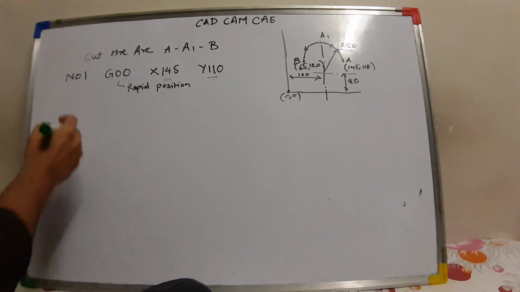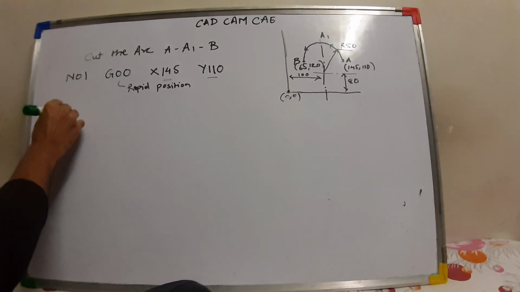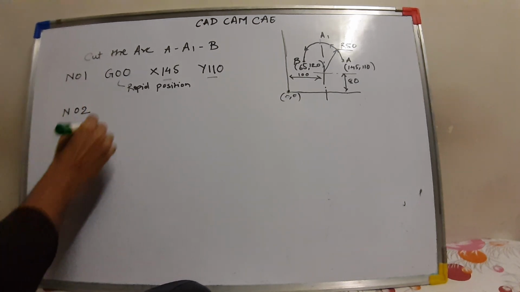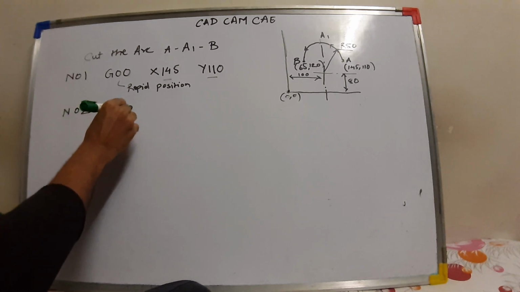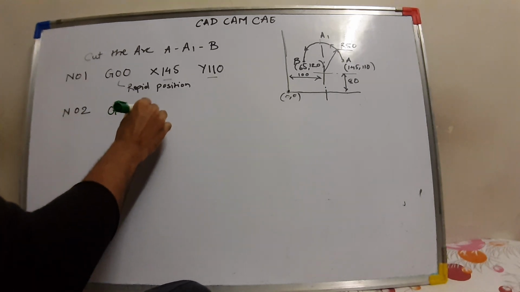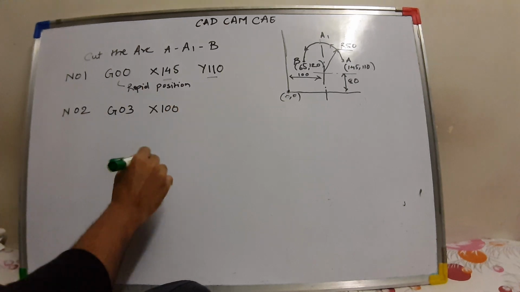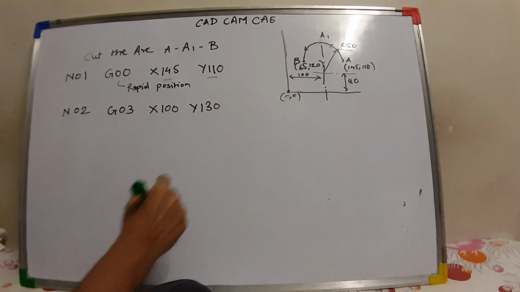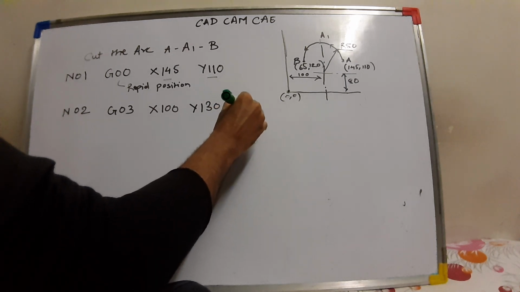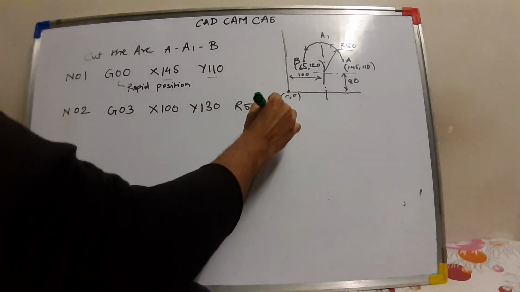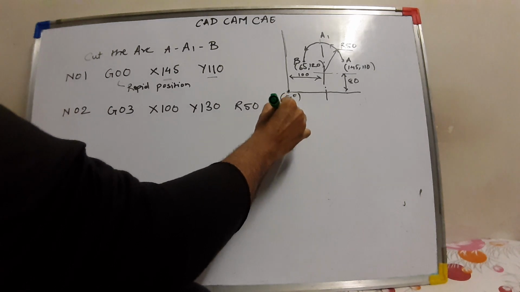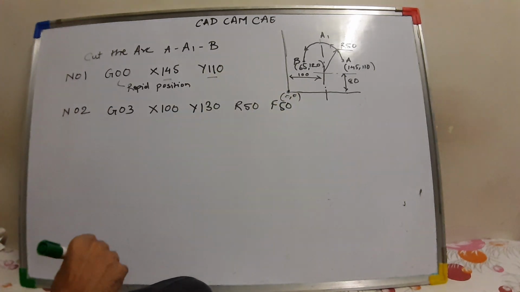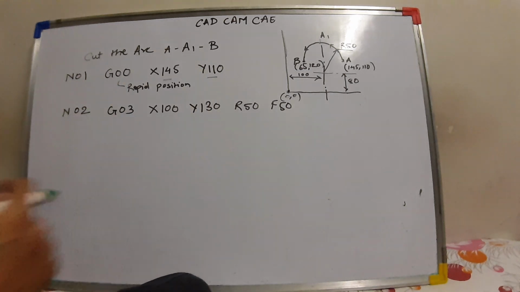Next line, N02, G03, X100, Y130, R50 and F, that is feed, is 50. Now understanding the second line.